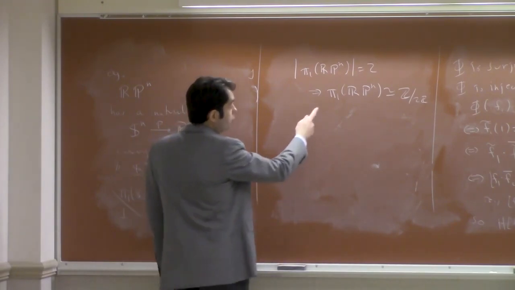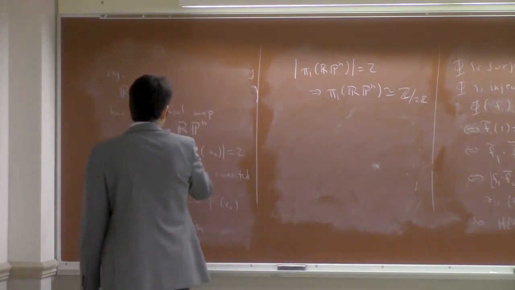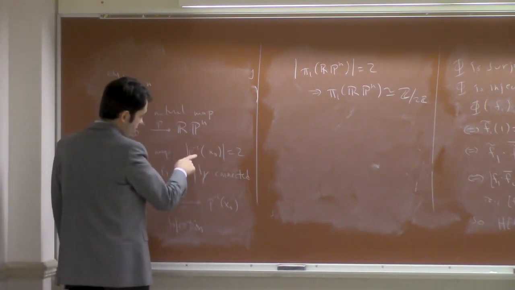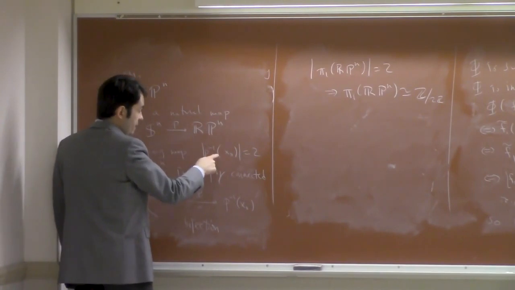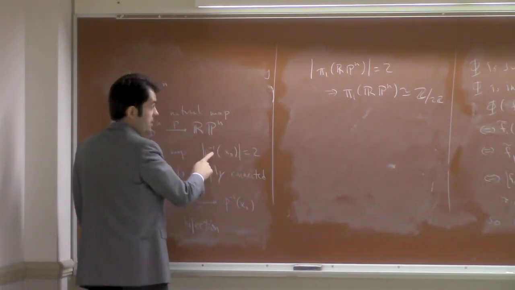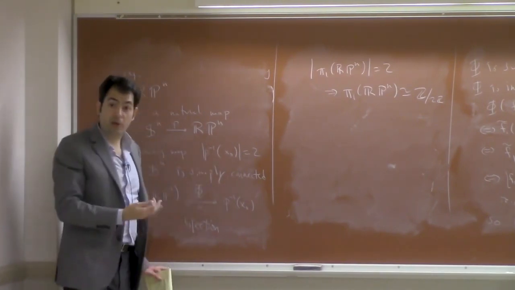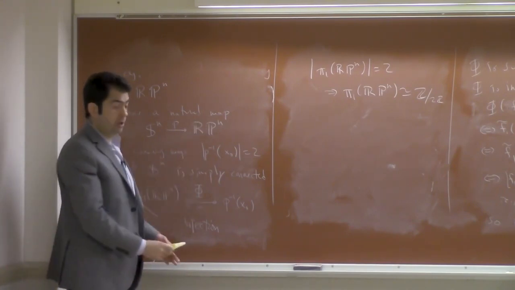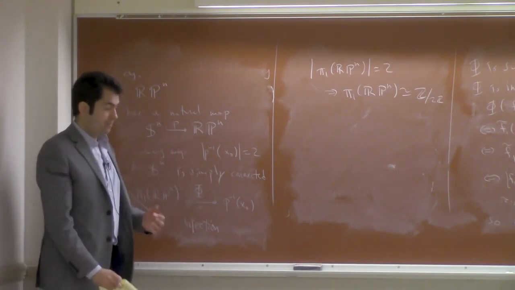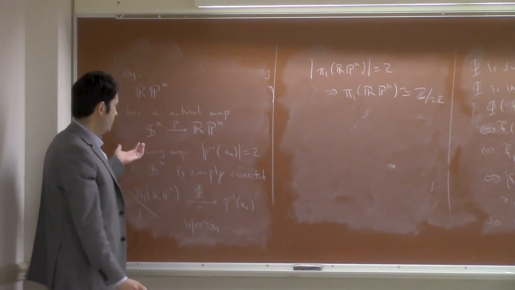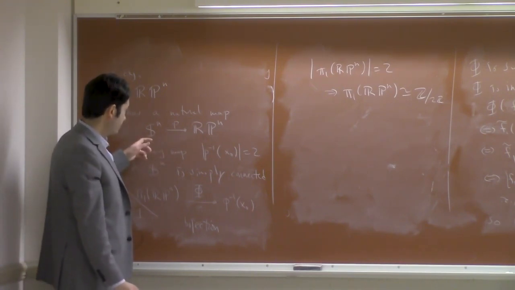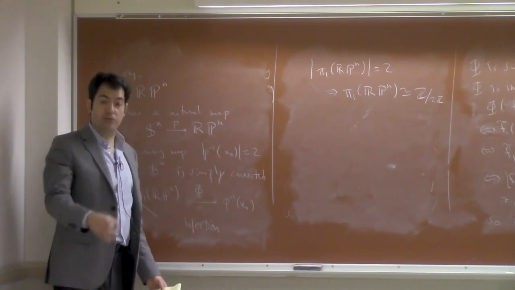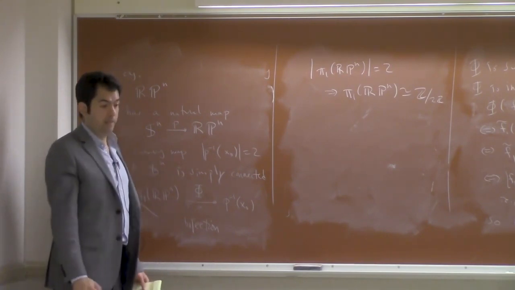Okay, you could use the same trick. Of course, all that mattered was that we were looking at a universal cover and that the number of sheets is a prime number, because then just knowing the cardinality of the group gives us the group. And so, for example, if you want to look at lens spaces, those are also quotients of the sphere.